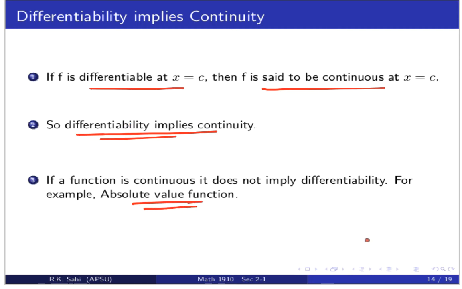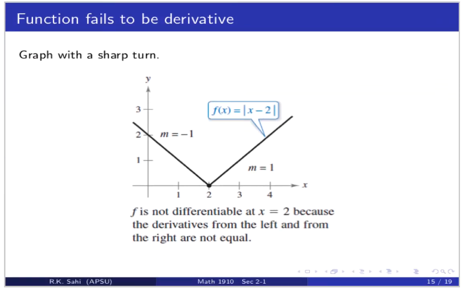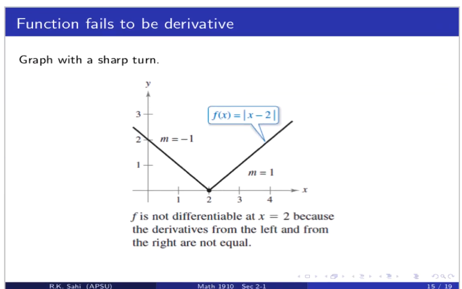I'm going to explain with the help of a graph why a function fails to be differentiable. We're not going to take the analytical approach here. Let's look at how we make a distinction between a function being differentiable and not differentiable. There are two scenarios for a function to be not differentiable.